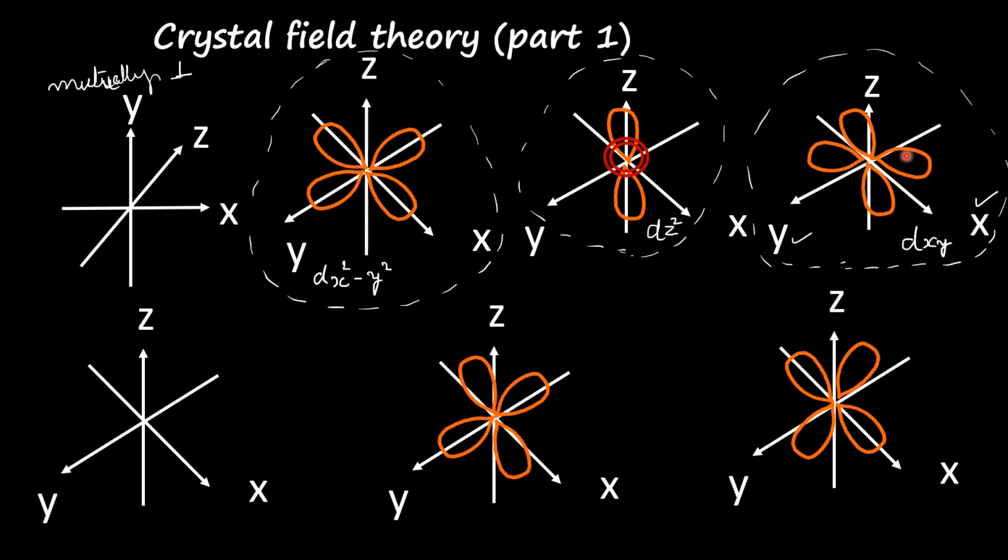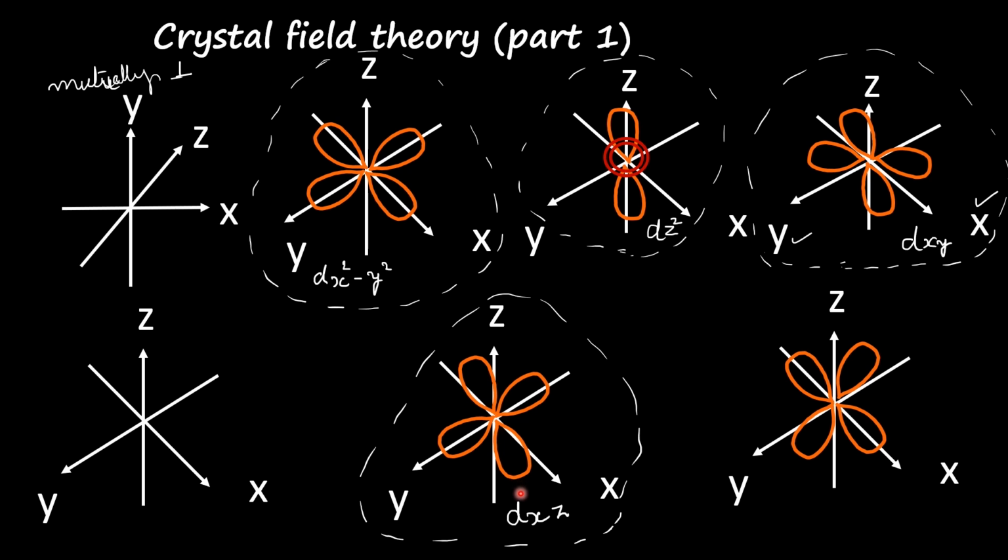The orientation is in between these axes. When we come to the fourth orientation, this is the fourth orientation and it is called dxz. This is the x-axis and this is the z-axis. See, the lobes of the possible electron cloud density is between the x-axis and z-axis.